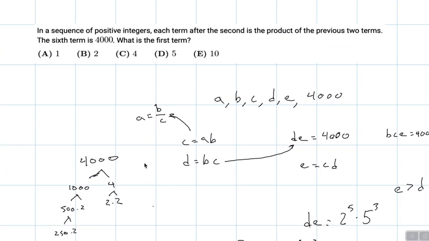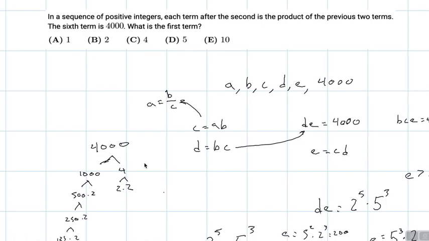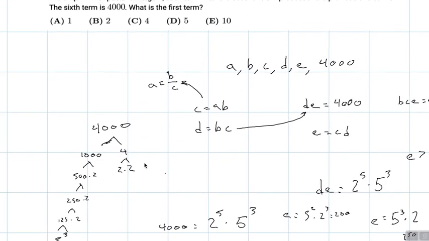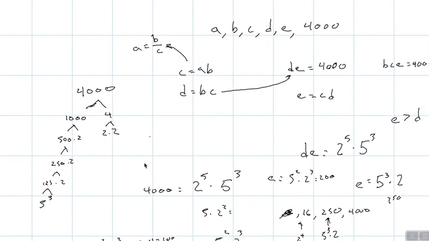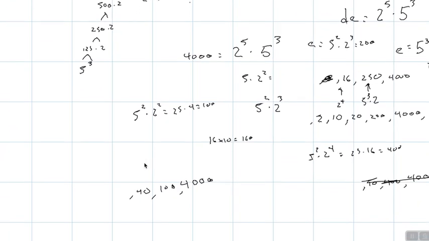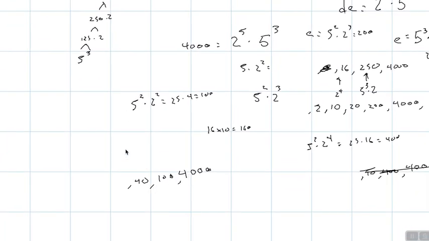Make sure I'm reading this right: each term after the second is the product of the previous two terms. The sixth term is 4,000. So 100 won't work. What if we just did 5 times 2 to the third, which is 5 times 8, which is 40?